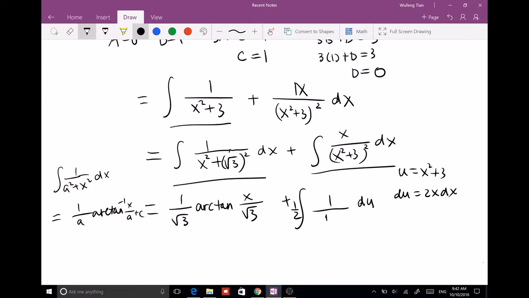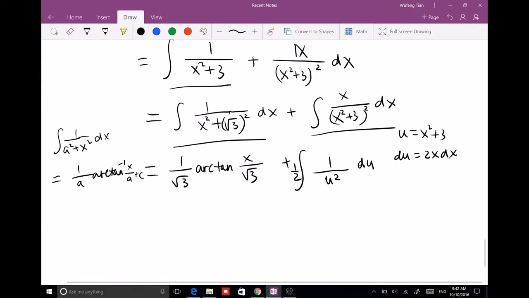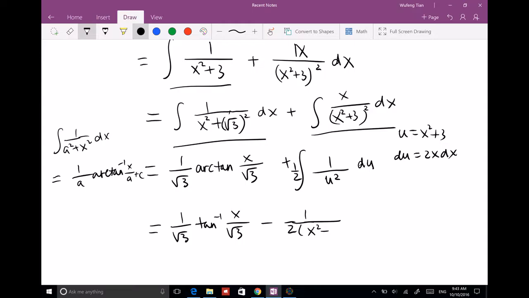So now the final answer is going to be tangent inverse of x over square root of 3. And then this is a half of what? Negative 1/2 of 1 over x squared plus 3. Negative 1/2 of 1 over, that's perfect. Negative 1/2 of 1 over x squared plus 3, plus c. That's perfect. Very good job.